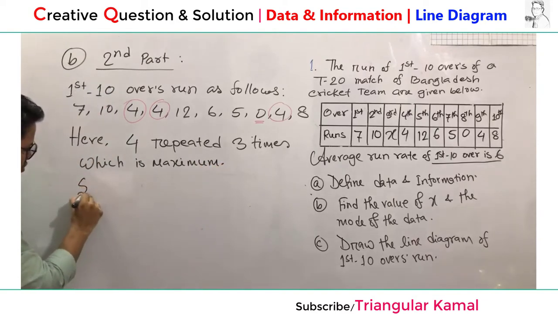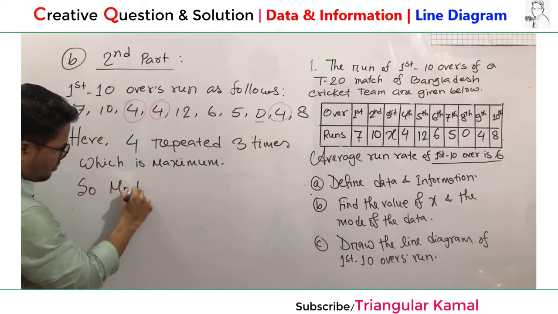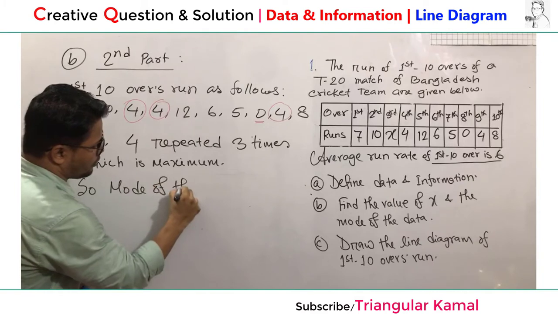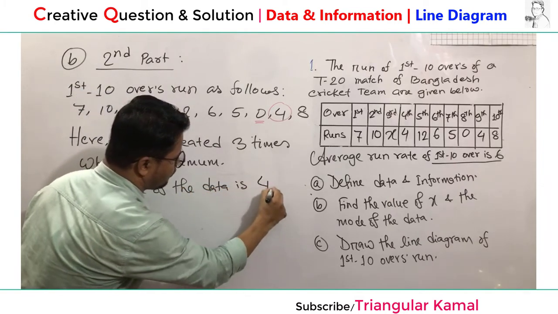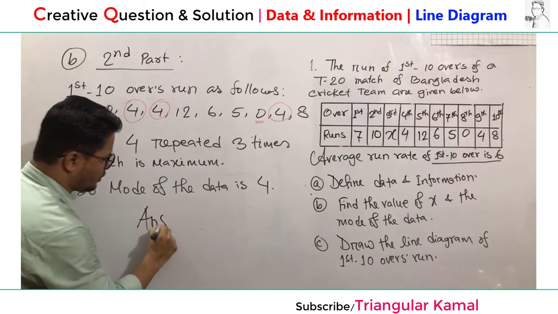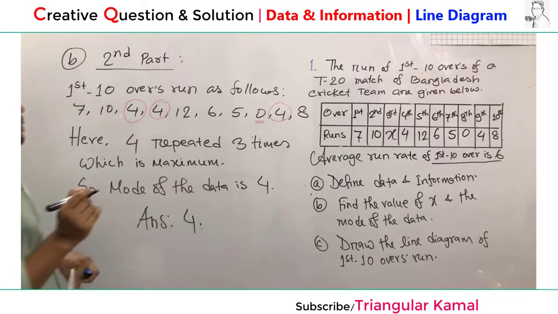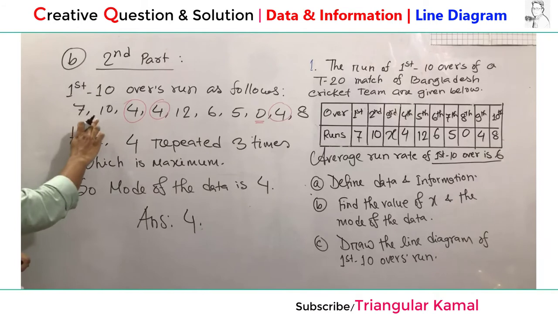So the mode of the data is 4. Answer: 4. We see the 4 repeated the maximum number of times, so 4 is the mode.